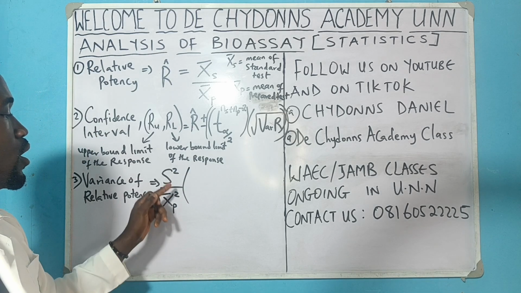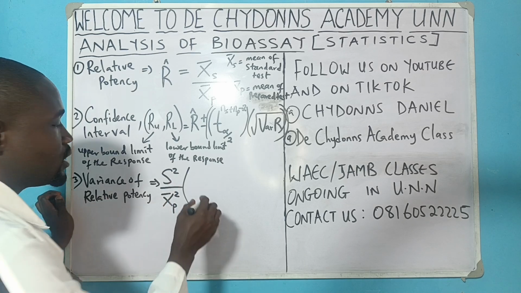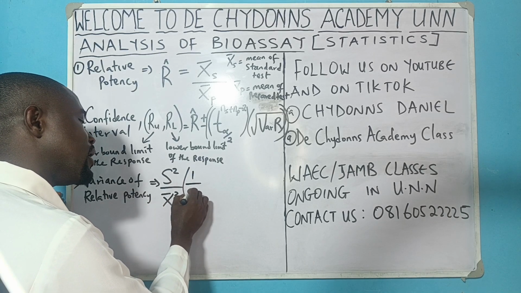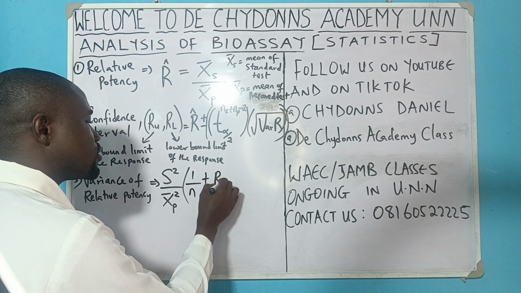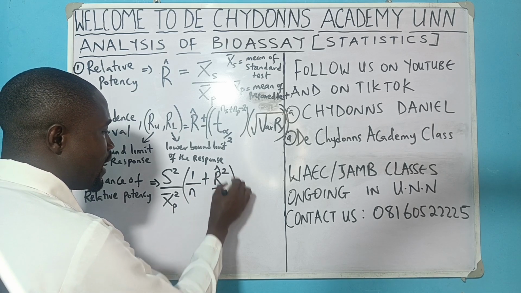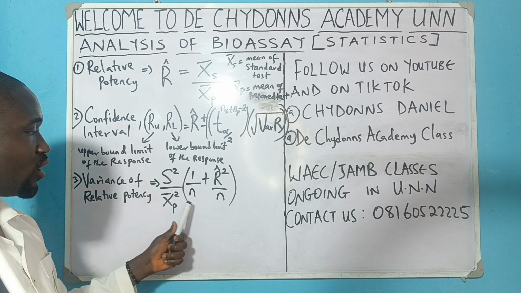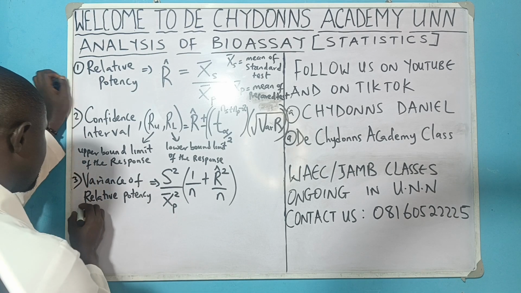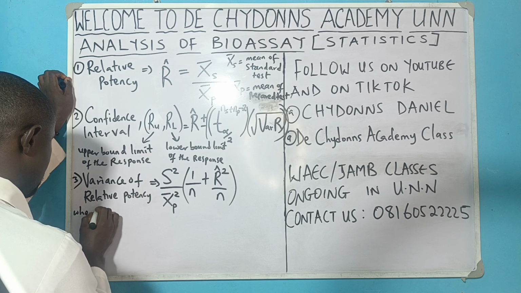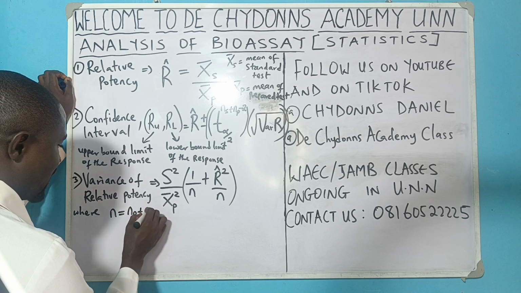When you say S squared all over mean of the prepared test, you now say 1 over n plus relative potency squared all over N. So that is how to get it, where n will be equals to NP plus NS.